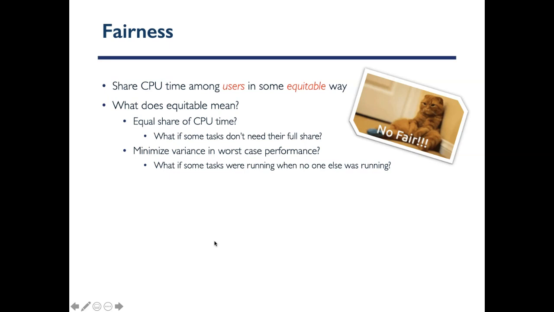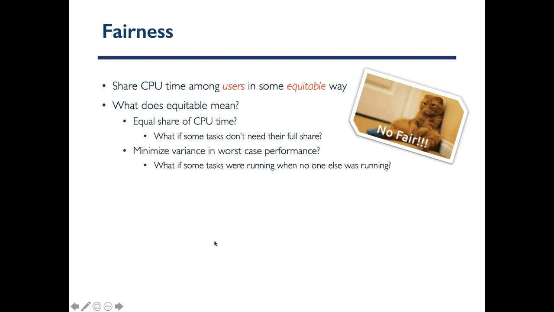And then how do you define a slowdown? Well, slowdown is defined usually by saying that if I get all the resources, I get, let's say, performance X. Now, I'm not going to get all the resources because I'm sharing this device with other tasks. So I'm not going to get performance X. As a result of the scheduling policy, I'm going to get performance Y. And this performance Y is worse than performance X because now I'm competing with others, whereas performance X was when I had all the resources.